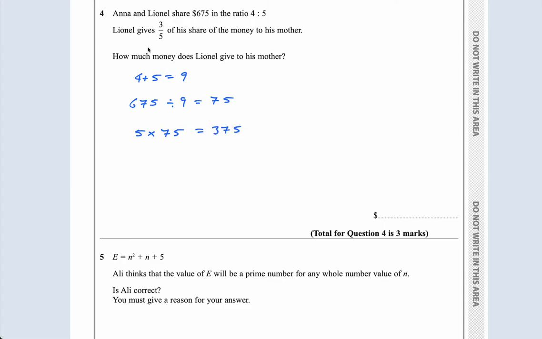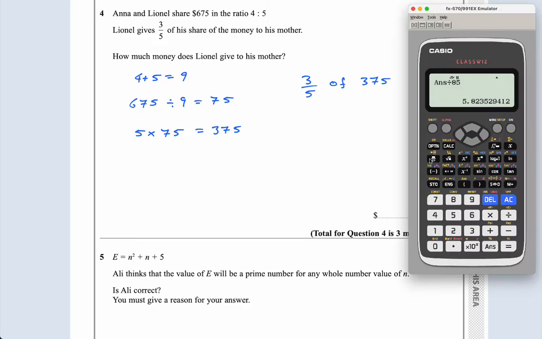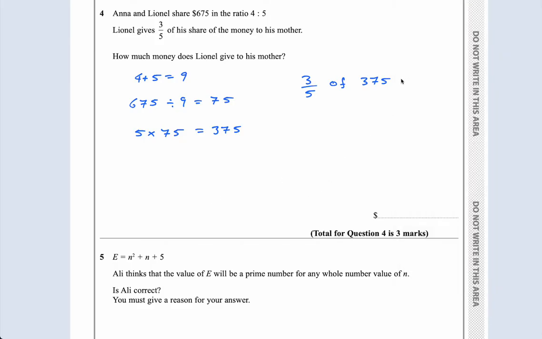And then it says he gives 3/5 of this, so I need to get 3/5 of 375. Right, I'm going to use my calculator, guys. It's 375 times 3/5, so it's 225. That is how much money he is going to give his mother.